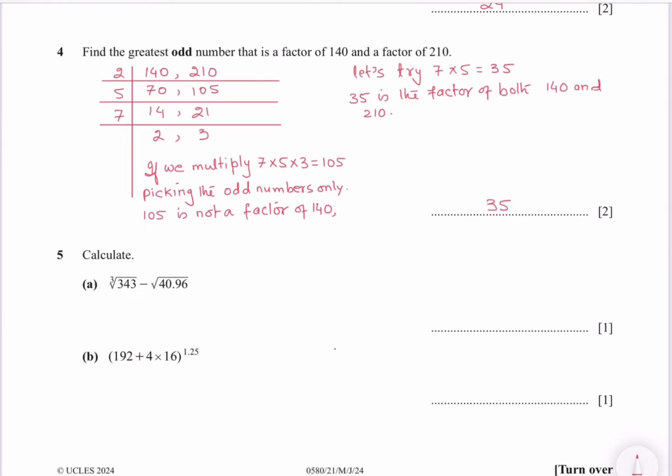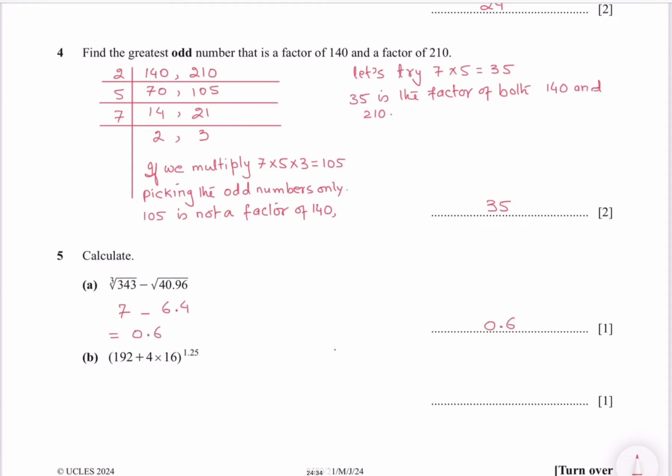Question number 5 is just calculator work. You do not have to do anything. In part A, just put the values in the calculator and it will give you the answer, 0.6. In part B, just follow the bottommost first, which is in the bracket. Multiplication comes first.